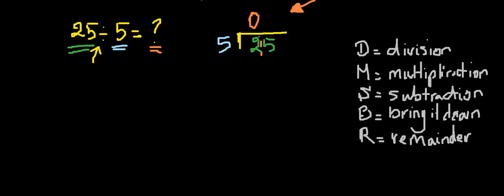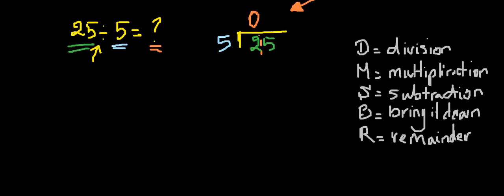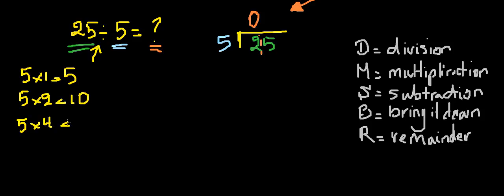Now, if you don't want to do this and you're good with your multiplication table, you could go on the side and say 5 times 1 is 5, and you keep going until you get to the dividend or close to the dividend. So 5 times 2 equals 10. I could just make a jump and go to 5 times 4, which is 20. 5 times 5, 25.